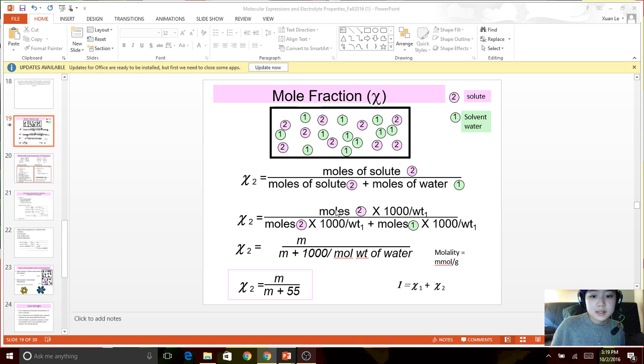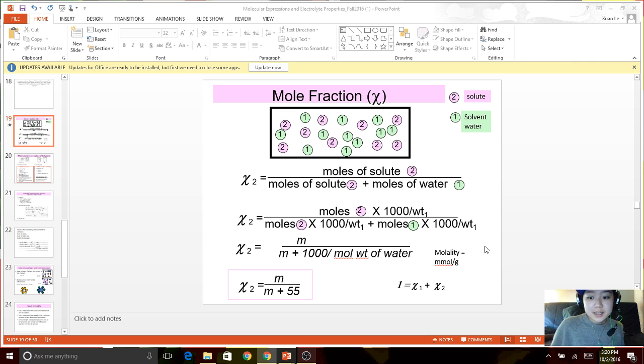So this equation is just the previous equation, except reduced. It's going to be molality over molality plus 1000 over the molecular weight of water. And 1000 over the molecular weight of water is just going to reduce down to 55, because 1000 over 18 is just 55.